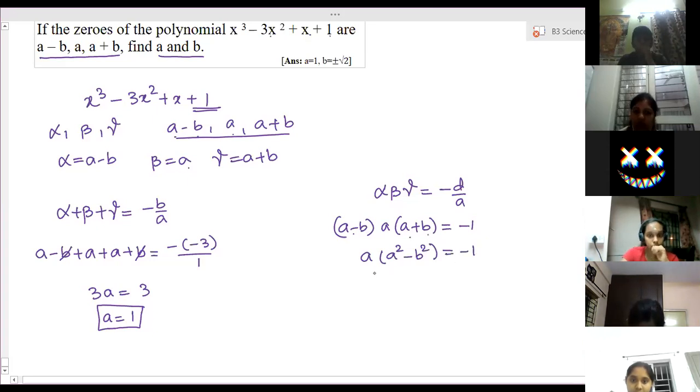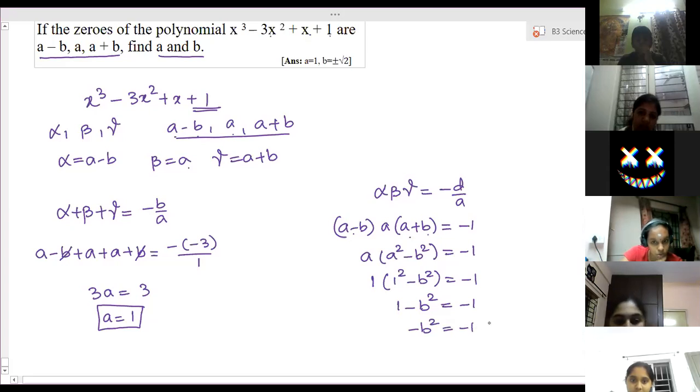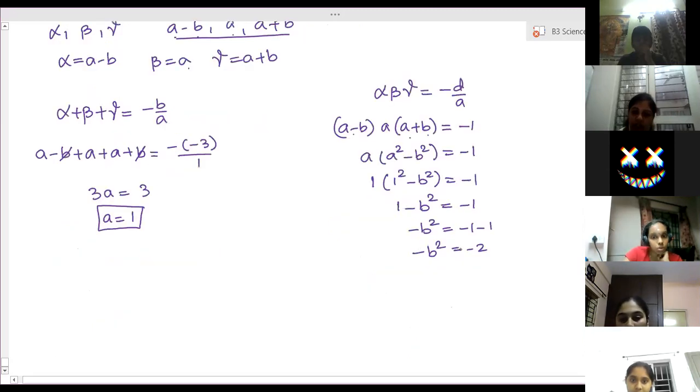Substituting a as 1, 1 minus b square is equal to minus 1. So minus b square is minus 2, so b square is equal to 2. So the value of b is plus or minus square root 2. Clear?